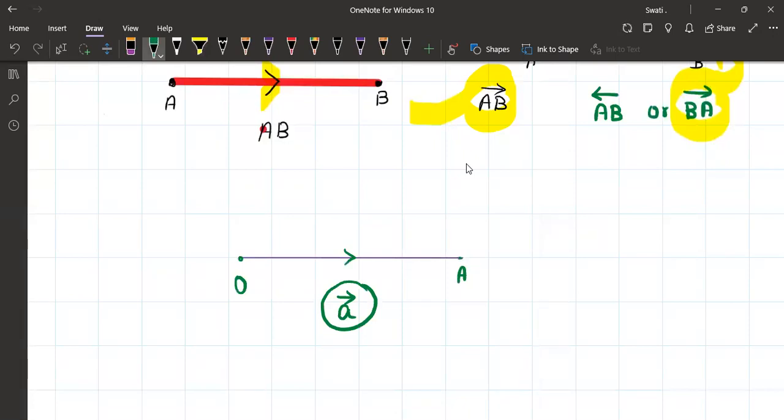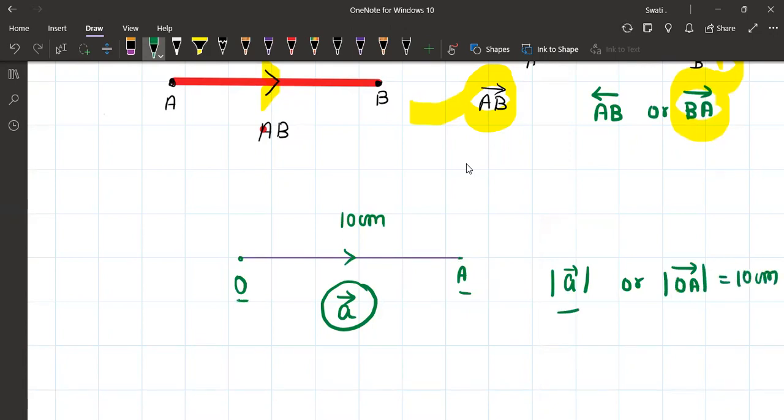Now, if you want to write down, suppose the length of this is 10 centimeter, you have to denote it by magnitude, and this is how we denote the magnitude. Here a is representing the magnitude, or if you want, you can also represent it by writing OA, which is OA in the direction from O to A, and then the magnitude is 10 centimeter.